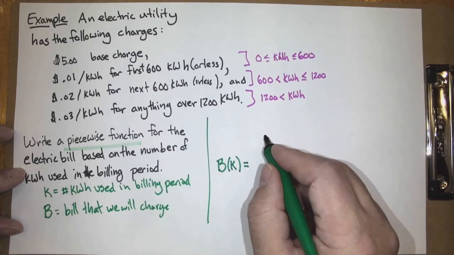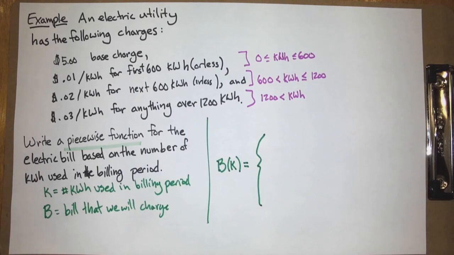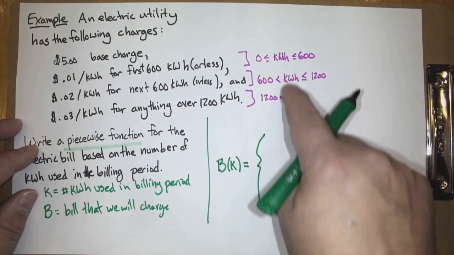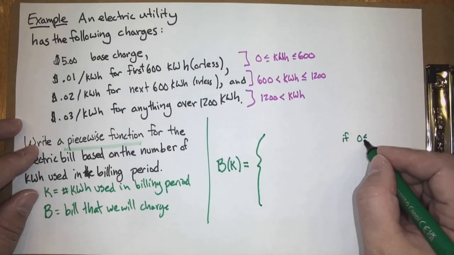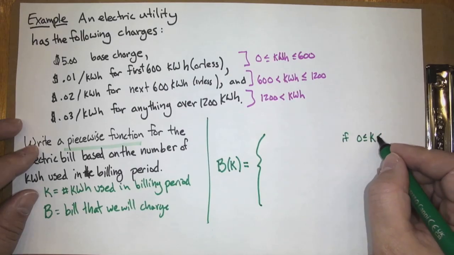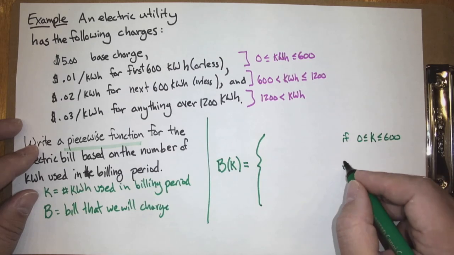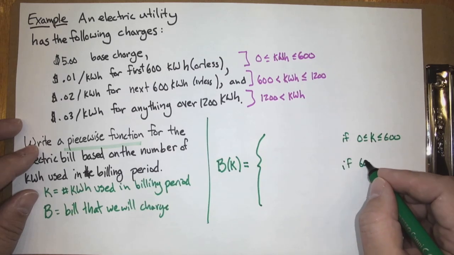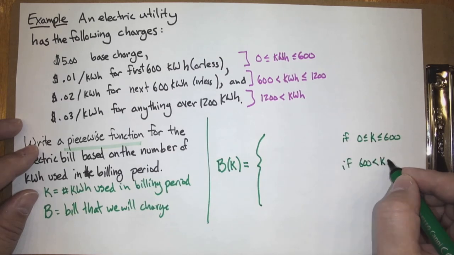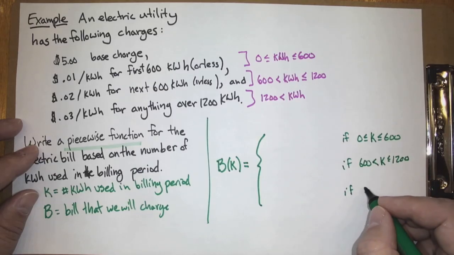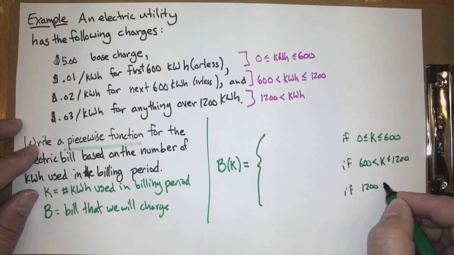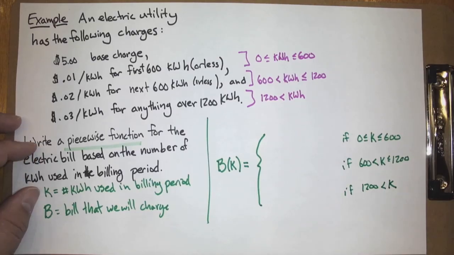And so we say it's going to be one of three things. And we're going to break it up according to these portions here. So there's going to be if our input, number of kilowatt hours, is between 0 and 600. If our input is bigger than 600, but less than or equal to 1200. And if our input is bigger than 1200. All right, so we have to decide what's going on in each one of those.